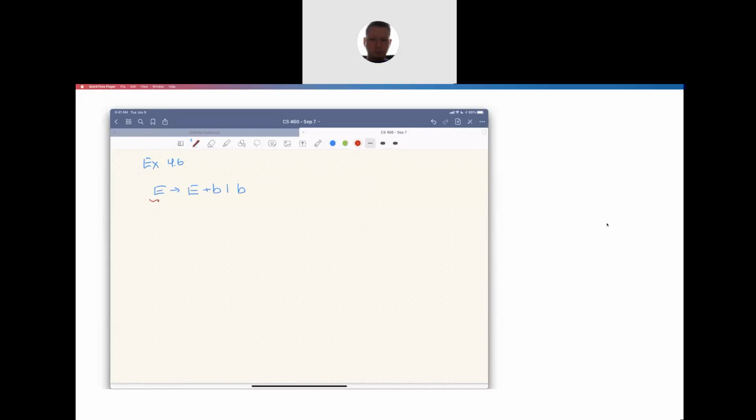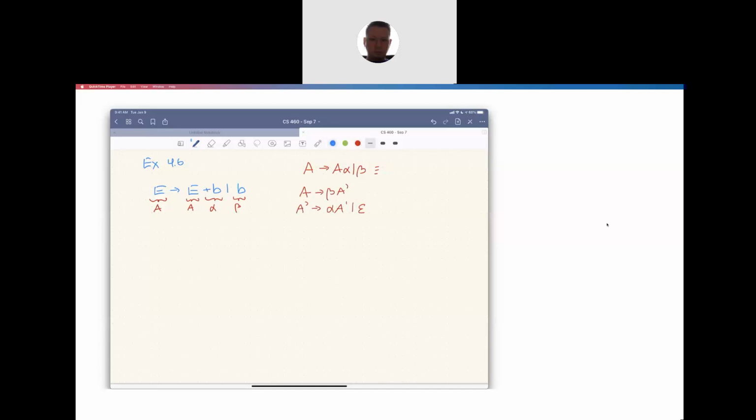If we identify that as A, that becomes A, that becomes alpha, and that becomes beta. And we know that A goes to A alpha or beta is equivalent to A goes to beta A prime. A prime is alpha A prime or epsilon.